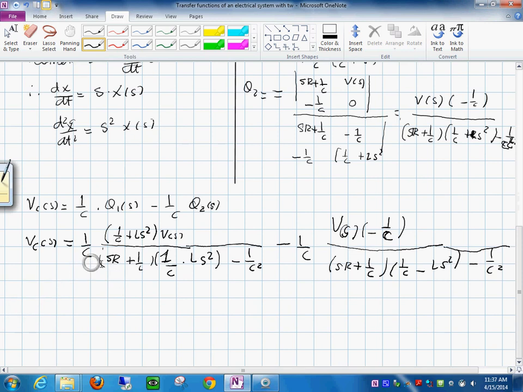One way is to multiply the C into this, and that would actually simplify things in the denominator. B sub C of S is going to be 1 over C times L times S squared.